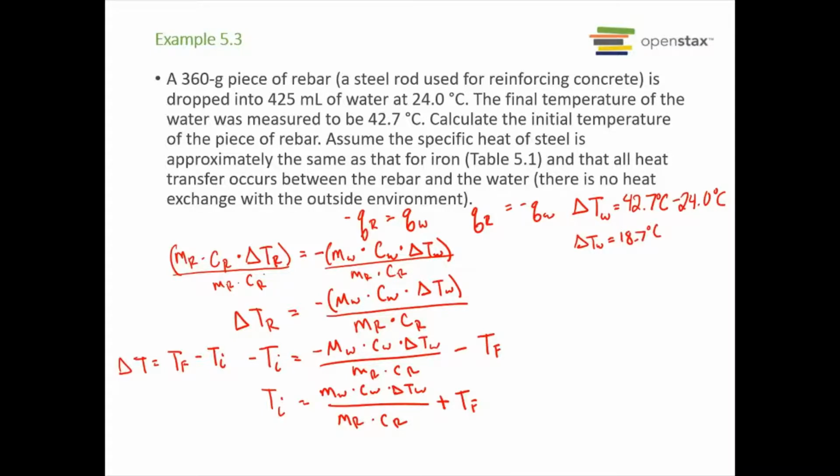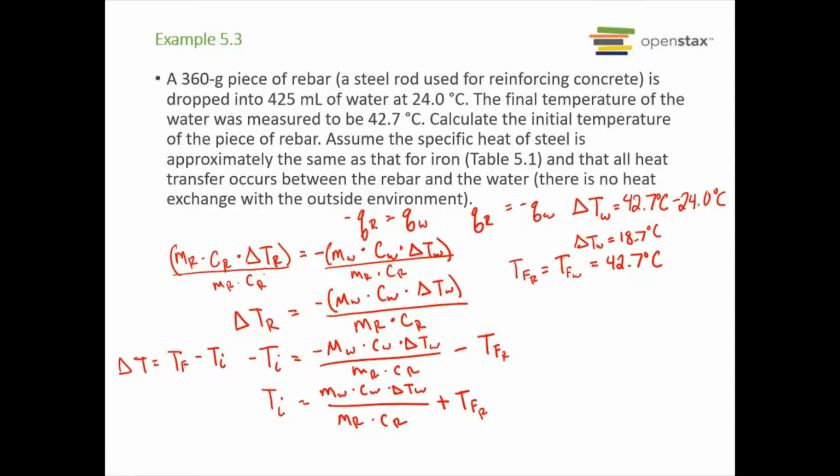Now let's also go ahead and write down what else we know. Our final temperature, this should say rebar. The final temperature of our rebar is the same as the final temperature of the water because it goes to thermal equilibrium. So this is where the temperature stopped changing. So they have the same final temperature of 42.7 degrees Celsius.